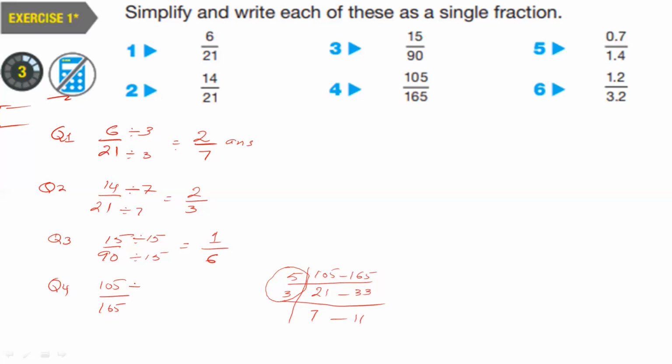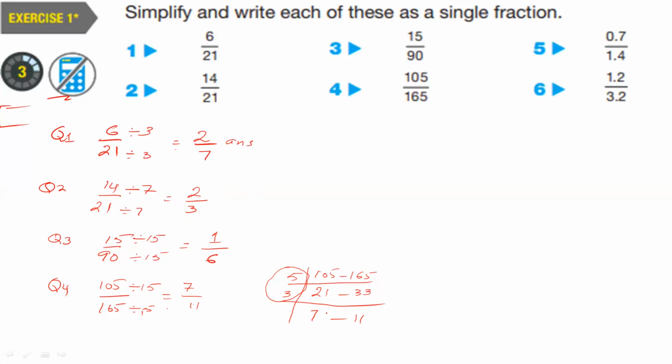So it means we divide both numbers by 15 here. So we get 15 times 7 is 105 and 15 times 11 is 165. So our answer is 7 upon 11.